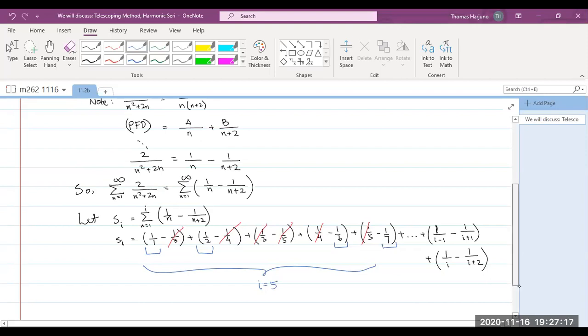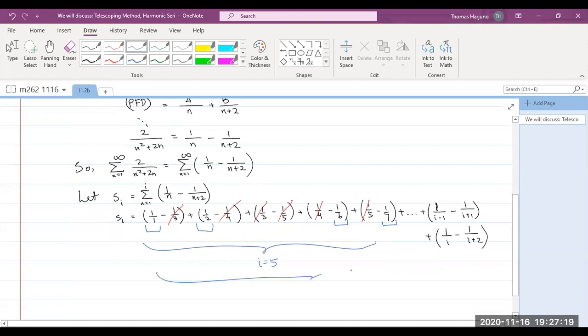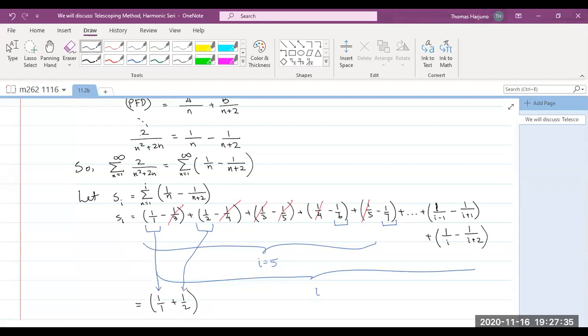So if I go up to I, it will be 1 over 1 plus 1 over 2, these two things here, minus 1 over I plus 1 plus 1 over I plus 2.